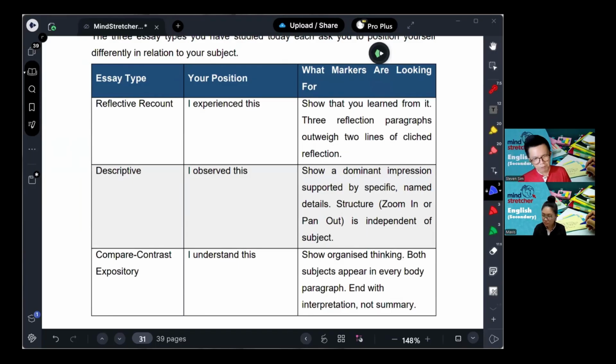So tonight, what have we covered? We have talked about the reflective recount, where you talk about, I experienced this. This is easy. This is what I experienced. I tell you what I think. Very easy. Descriptive, I observed this, and now I'm trying to recreate that for you. Oh, not so easy, but possible. Compare and contrast expository.